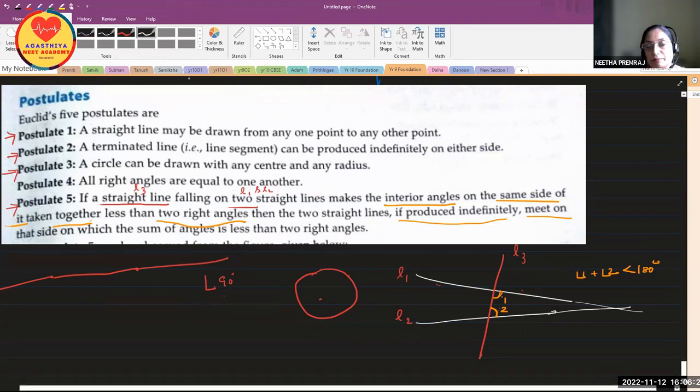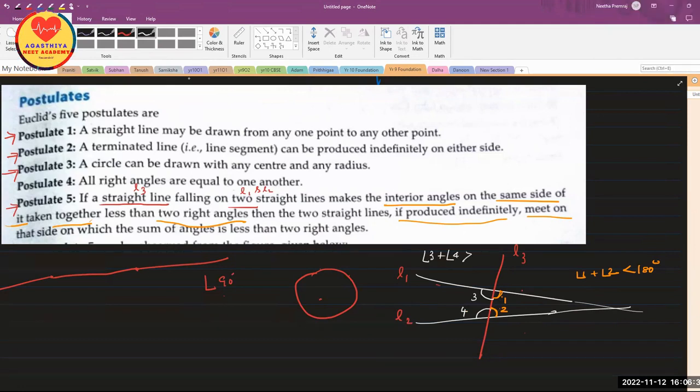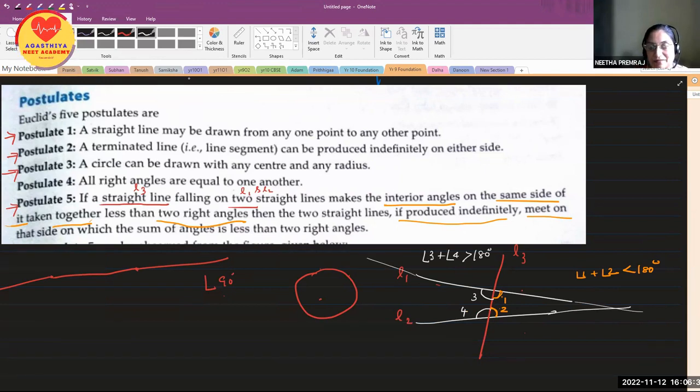If they are greater than 180 degrees, what is the thing? Anybody? It is parallel. No. They are diverging. Okay. If you extend, they are diverging. Diverging, you know the meaning? If it is greater than 180 degrees, they are diverging.